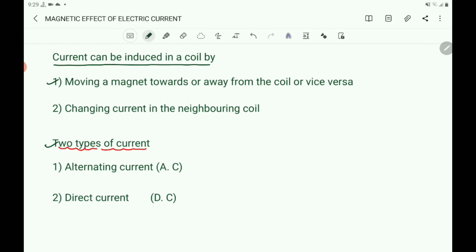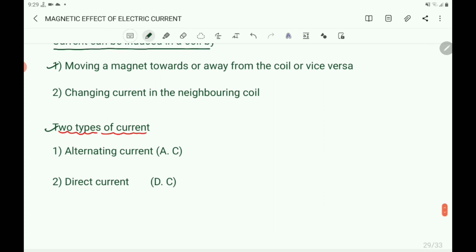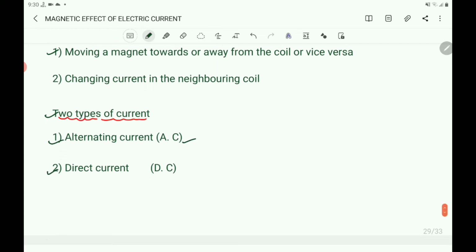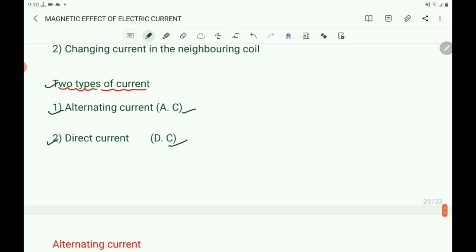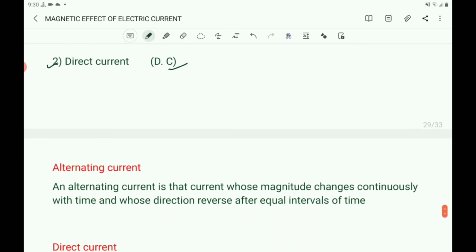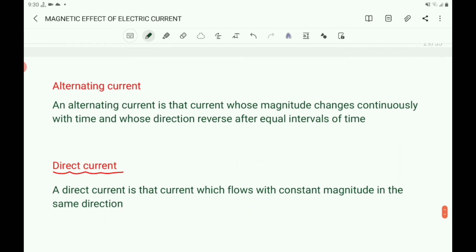What are the two types of current? One is the alternating current, abbreviated as AC, and the other is direct current, abbreviated as DC. Then what is alternating current?